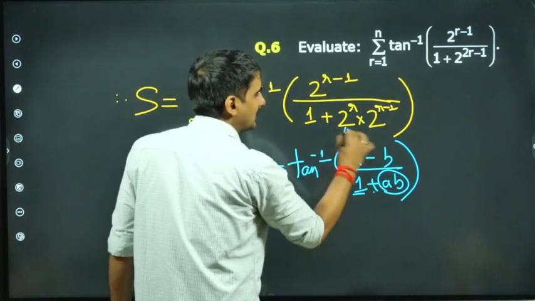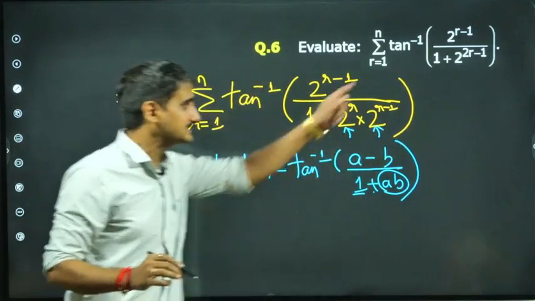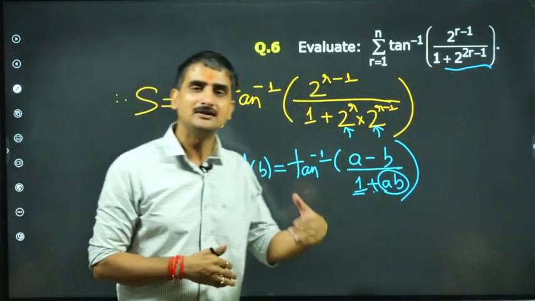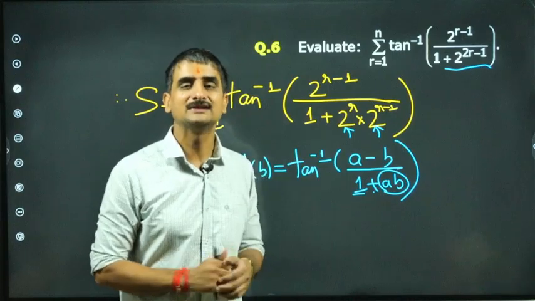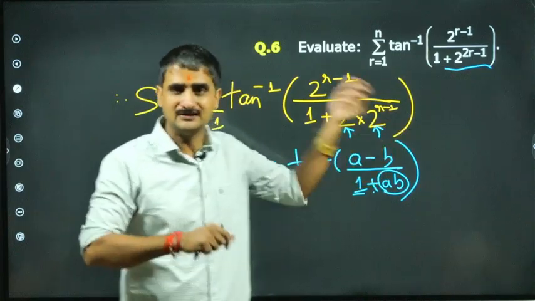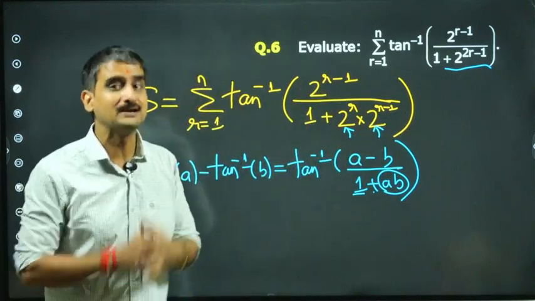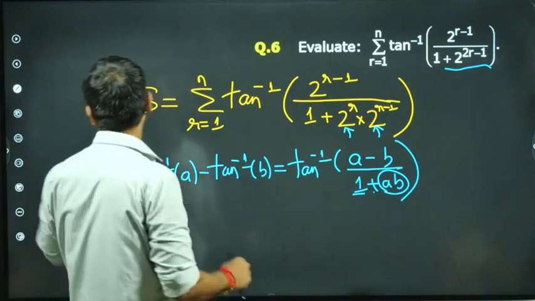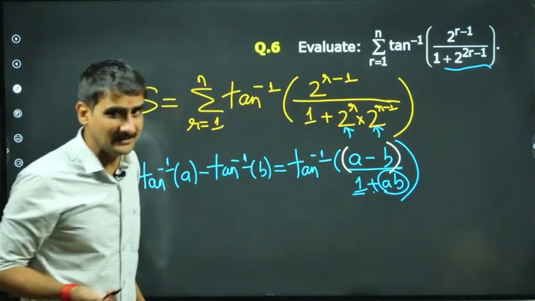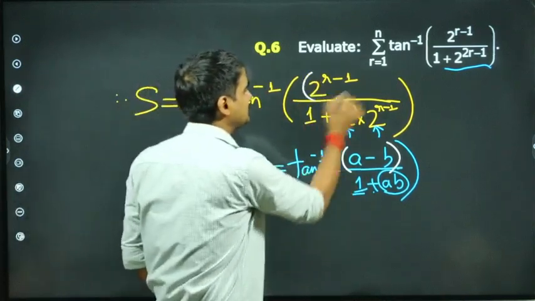So I wrote that term as 1 plus the product of two terms, 2 raised to the power r into 2 raised to the power r minus 1. You can say we can write it in so many different ways. Yes, of course, but then in the numerator I need a minus b, so the difference has to be equal to this.